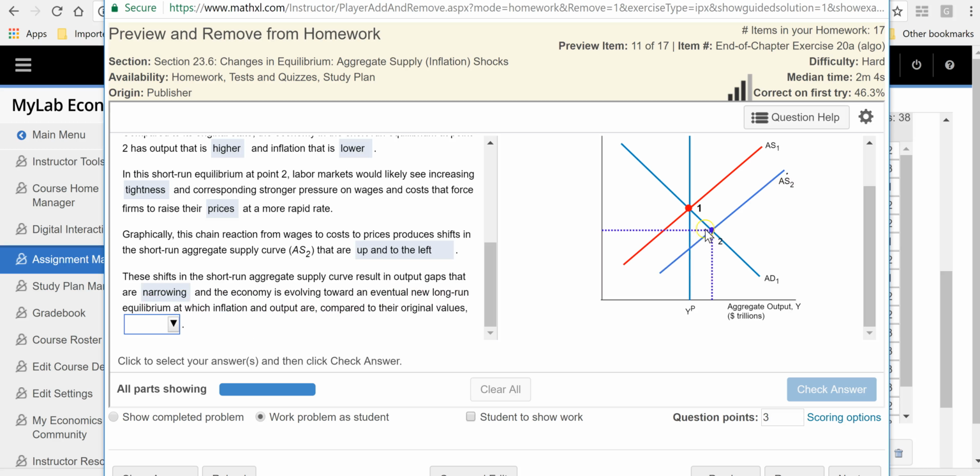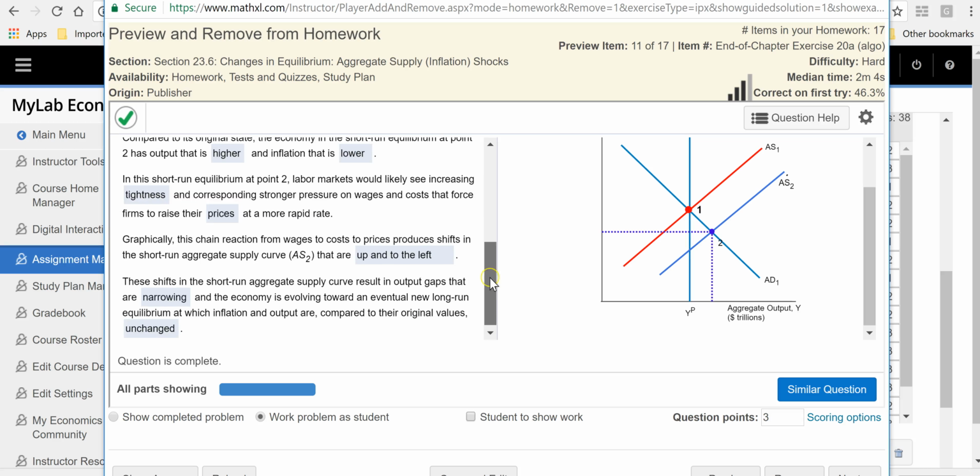This process, this shifting up of the short-run supply curve, won't stop until it goes back to the original level, because only when the output has no gap does the labor market not have pressure to increase the wage. So that's why in the new long-run equilibrium, inflation and output are, compared to their original values, unchanged.